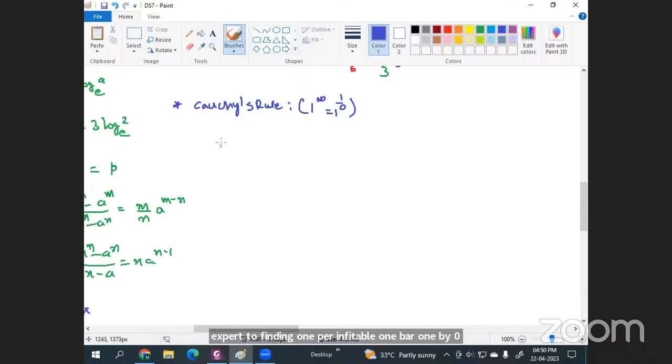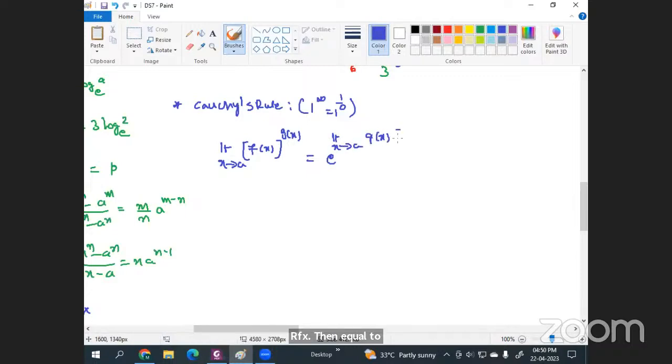So the question is limit x tends to a, f of x to the power of g of x, which is equal to limit x tends to a, g of x into f of x minus 1.